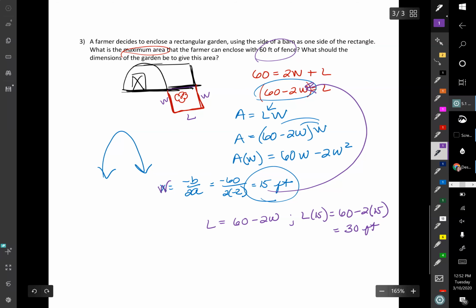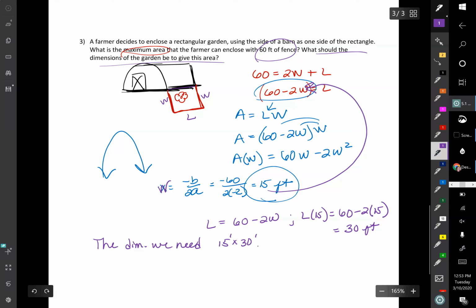So what should the dimensions be? Part 2. So the dimensions we need to maximize is going to be 15 feet by 30 feet.